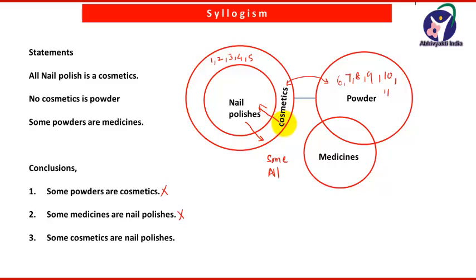Now here we are going from cosmetic to nail polish. It means from outside to inside. So we will use the term some, and so we will say some cosmetics are nail polishes, and therefore saying some cosmetics are nail polishes is a true conclusion, and therefore only the third conclusion follows. First and second do not follow.